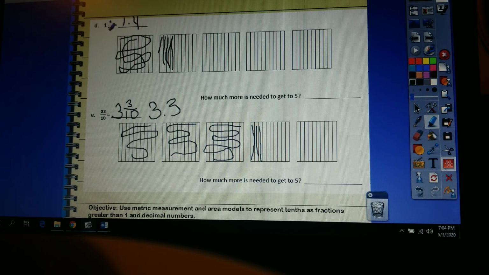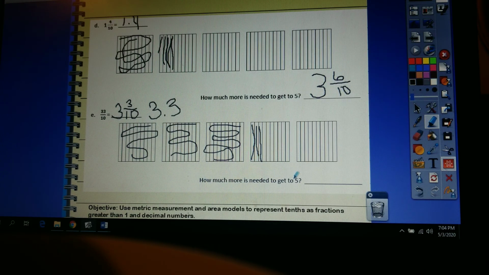To make a whole, we would need 6/10, right? If we had 6/10 more, then we would have 2 wholes, right? So to get to 5, we would need 3 more wholes. So we would need 3 and 6/10 more.